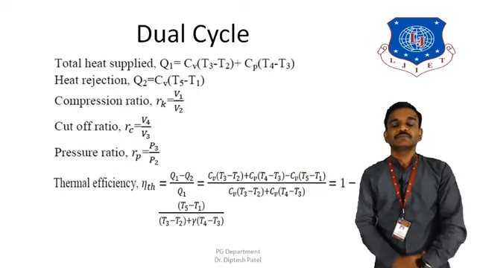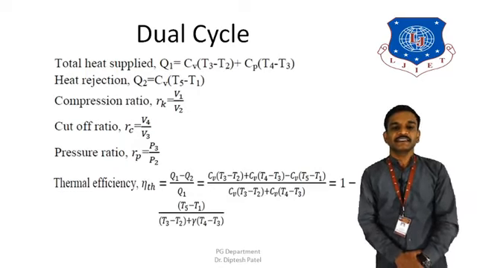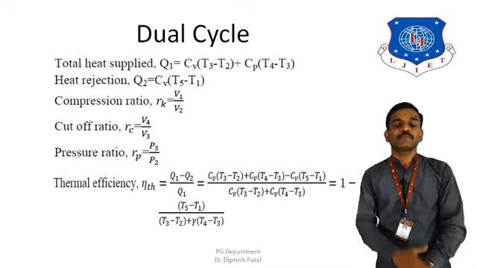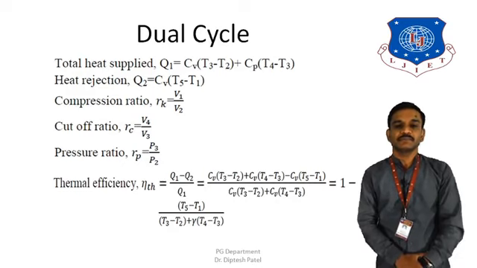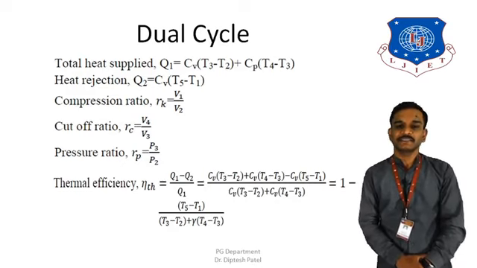Now let's go through the analysis of the dual cycle. As I said, heat is being added in 2 different processes: constant volume and constant pressure. So the total heat is supplied in 2 different processes, from 2 to 3 and 3 to 4. So Q1 is equal to Cv (T3 minus T2) plus Cp (T4 minus T3).